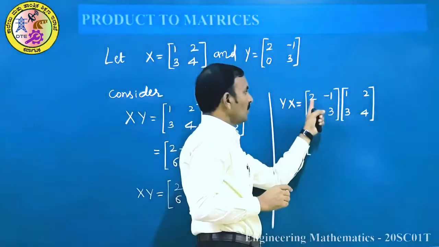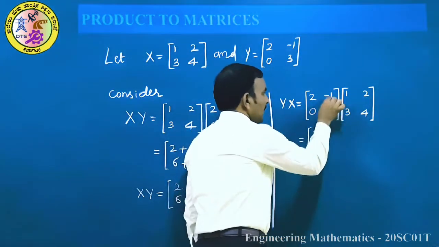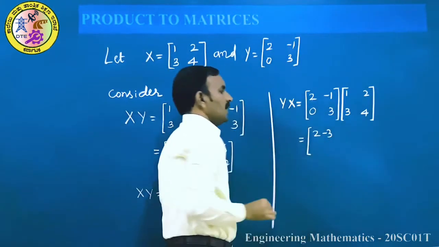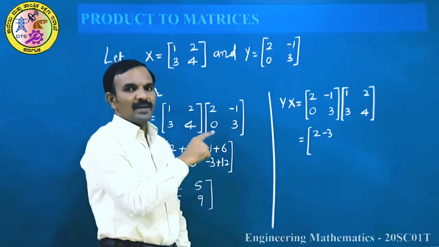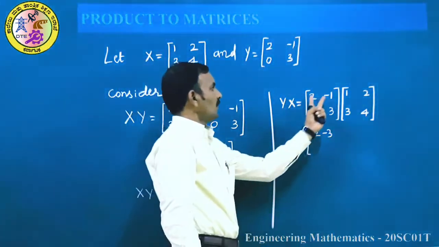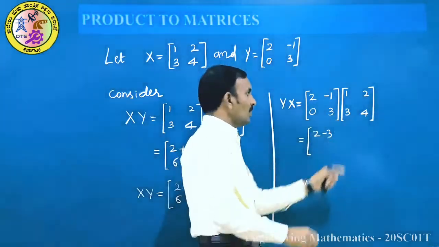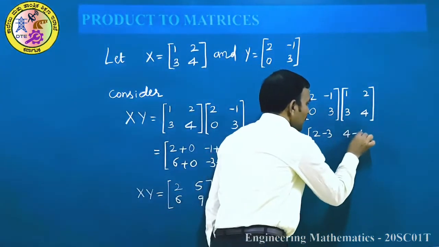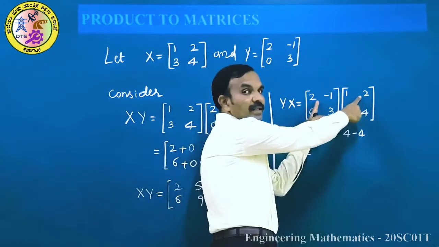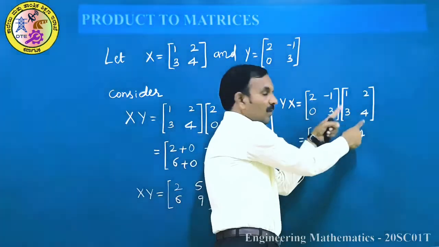First row, first column: 2 into 1 is 2, minus 1 into 3 is minus 3. First row, second column: 2 into 2 is 4, minus 1 into 4 is minus 4.